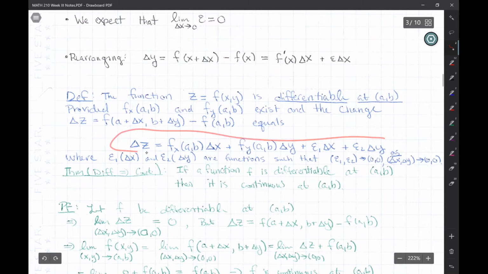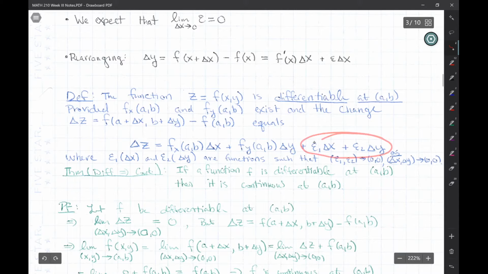You could generalize that thinking towards functions of more than one variable, where now we have a delta z, and later on we'll see that this term here actually is related to the tangent plane, okay? So if this term here is associated with the tangent line, this term here is associated with the tangent plane, and this is basically the errors of treating the function as a plane, okay?